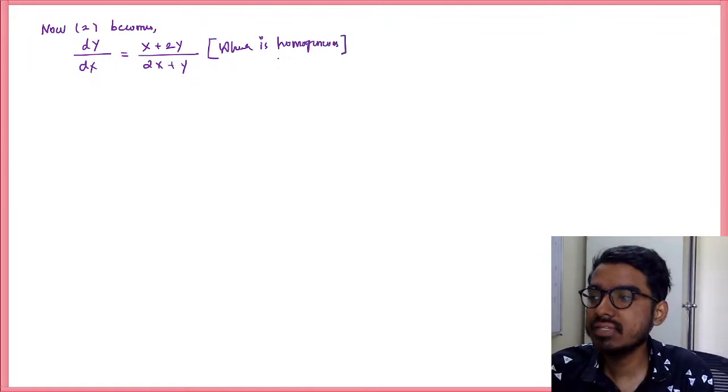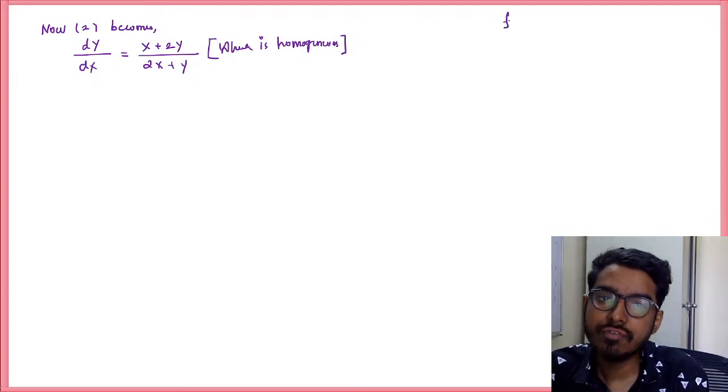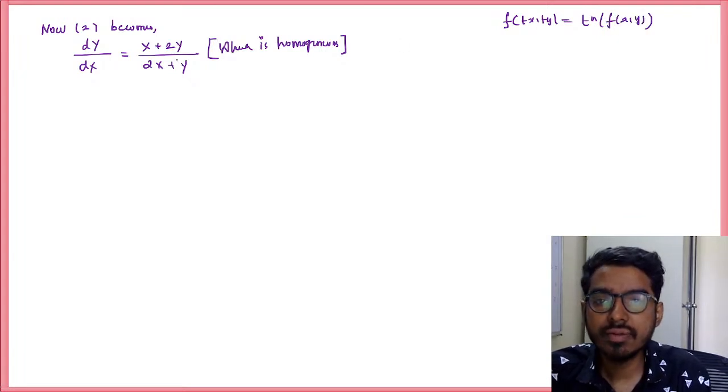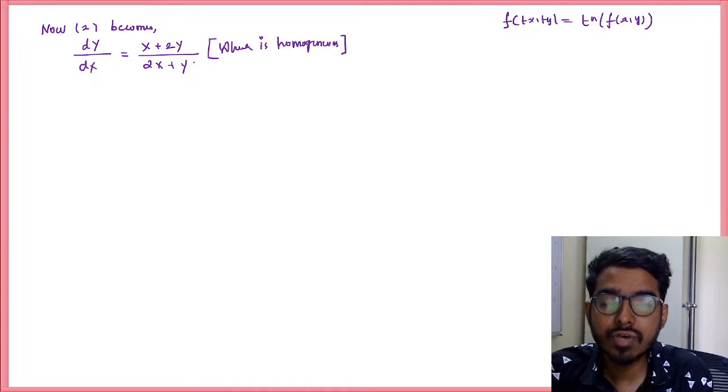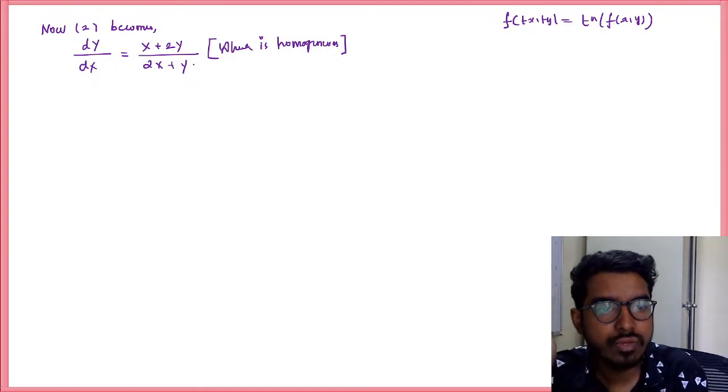From the previous class, you know when it will be homogeneous: f of tx comma ty equals t power n into f of x comma y. So both are homogeneous functions of degree 1. This is also degree 1, this is also degree 1.